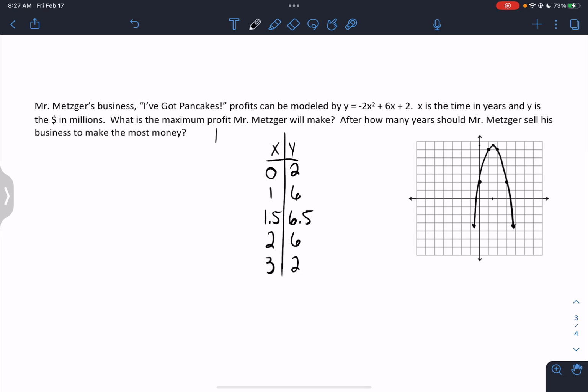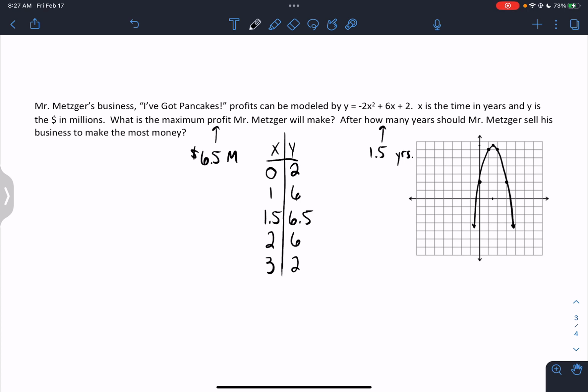It should be $6.5 million. The last question says, after how many years should I sell my business to make the most money? Right up here, when my profits are maxing out. So I should sell my company when I've reached this maximum value. The time is that x value, so it would be after 1.5 years.